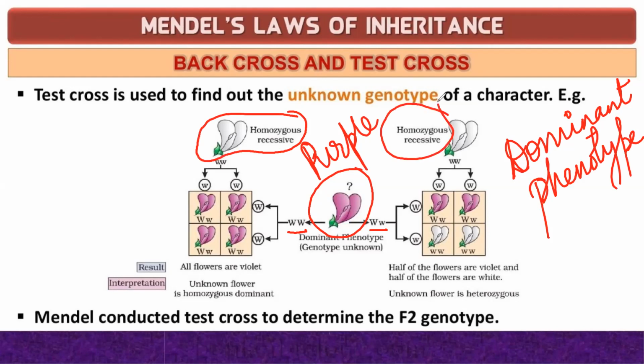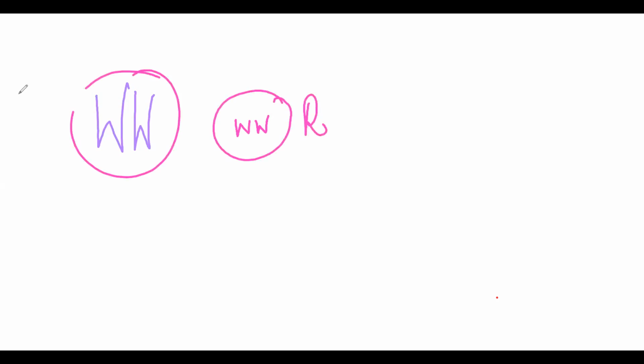So what will be the answer if we perform the cross between, let's say, a purple flower and a white flower? The white flower is recessive and the purple one is dominant.